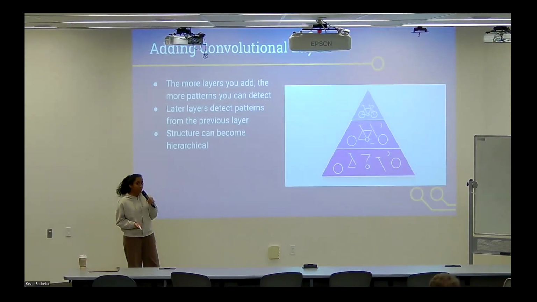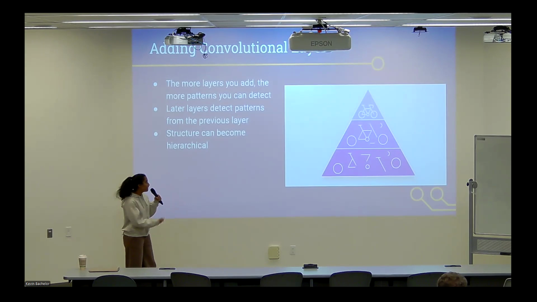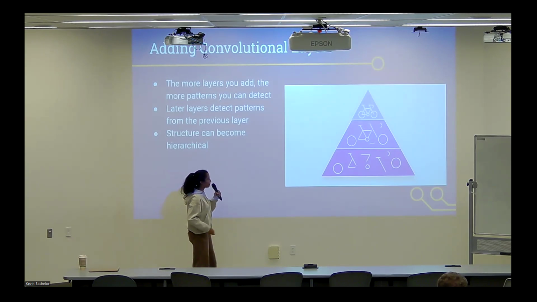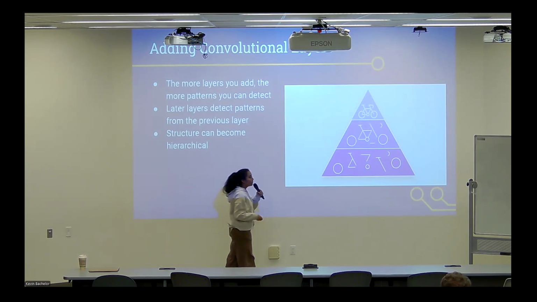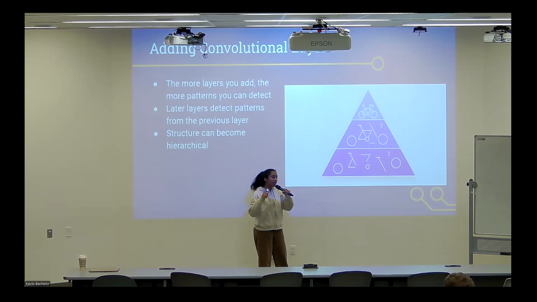So another important thing to note is that when we're adding a convolutional layer, you can think of it as a hierarchical system. Why? Let's take this image of a bicycle, right? When we first look at our first layer of a convolutional neural network, we have very simplistic systems, right? We have a circle, the handlebars, the pedals maybe. And when we go into the next layer, we're breaking it down even further.